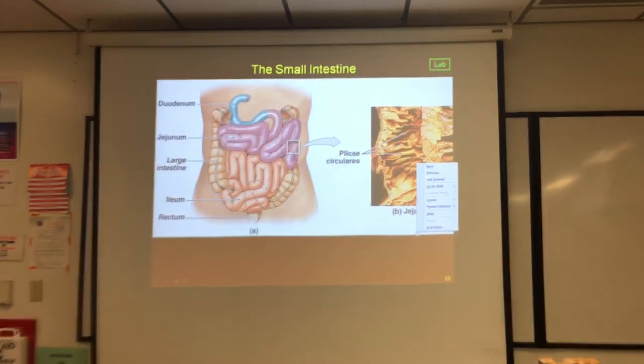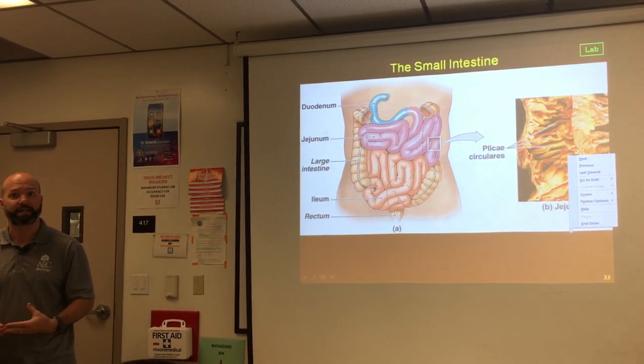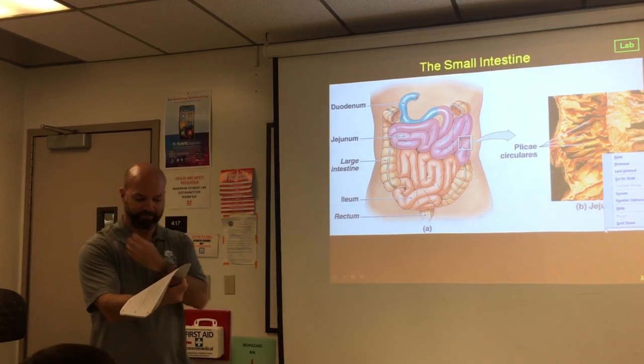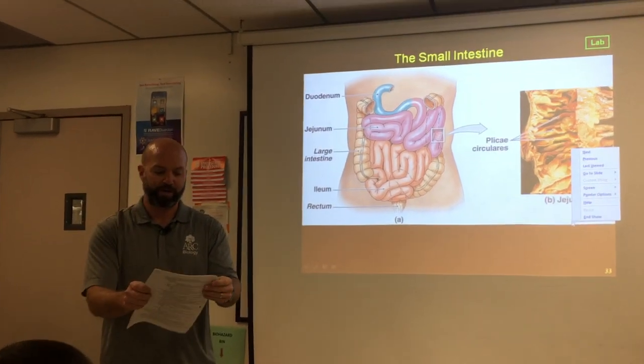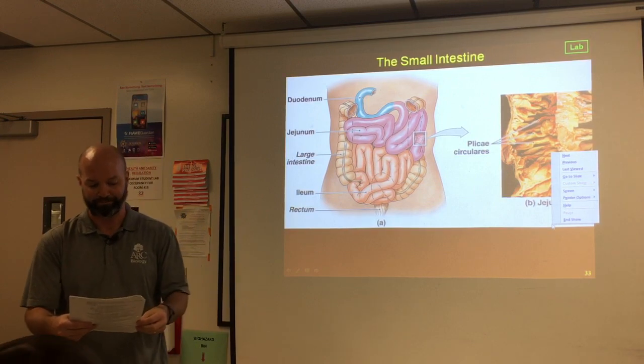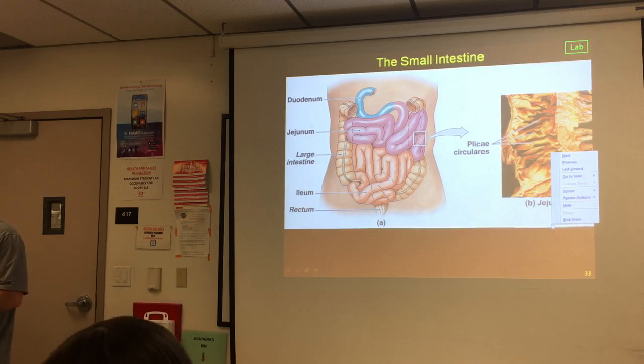And by the way, we're going with the cadaver lengths rather than the living body lengths. About half. So 10 inches for duodenum, 8 feet for jejunum, 12 feet for ileum. Each one about roughly half of that in the living body.